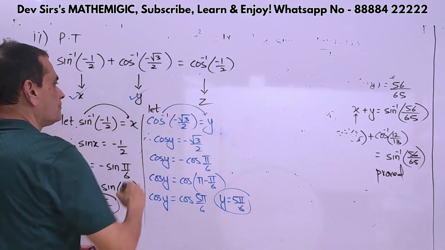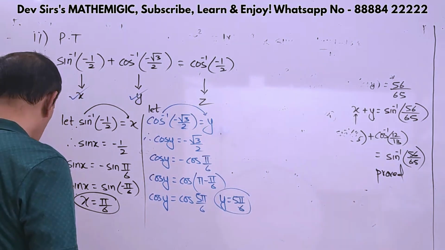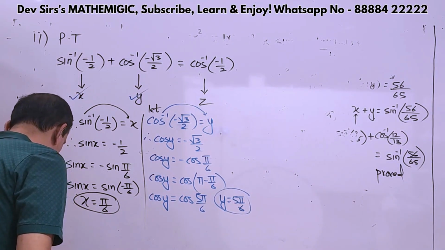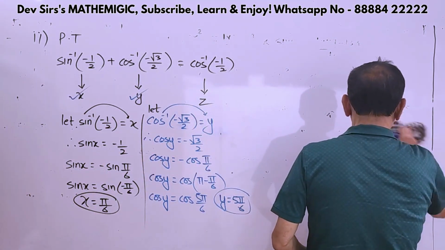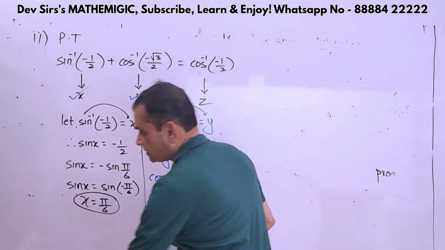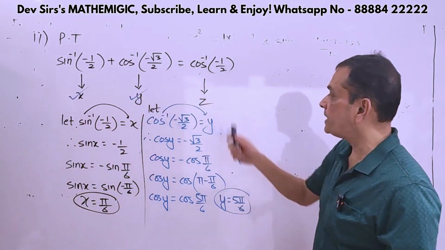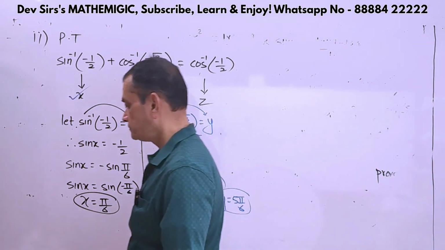So we got x and y. Now let us take the right hand side. राइट हैंड साइड की वैल्यू क्या आने वाली है देखो.